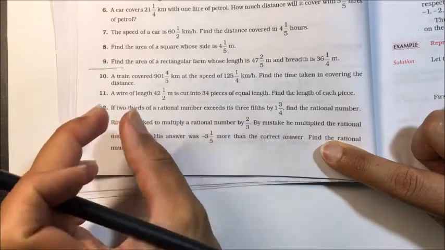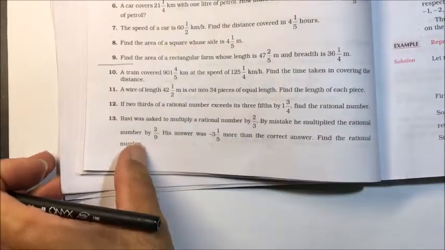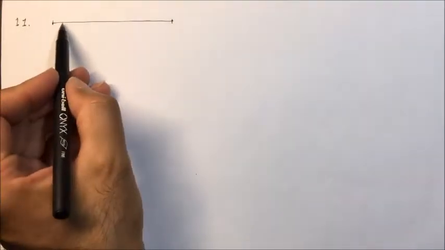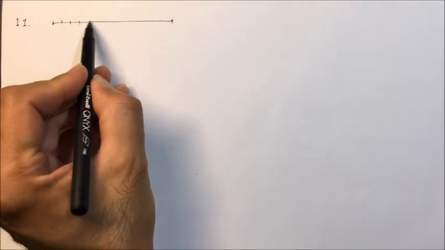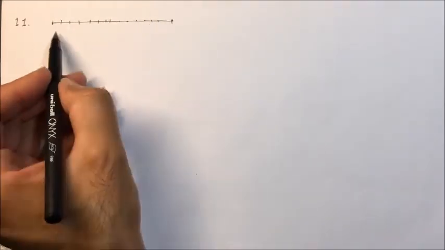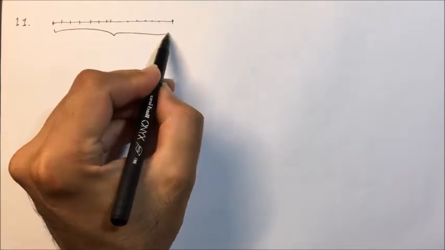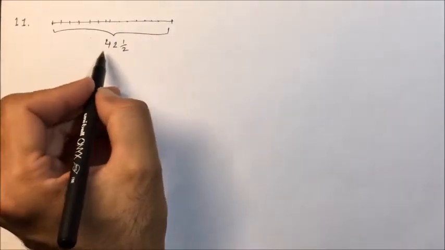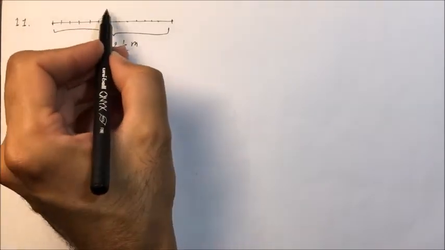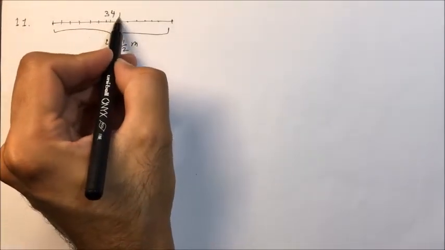Now we have to find the length of each piece. So for example, this is the length of the wire. Now it is cut into 34 equal parts. So total length is 42 1/2 meters, and it is cut into 34 pieces.